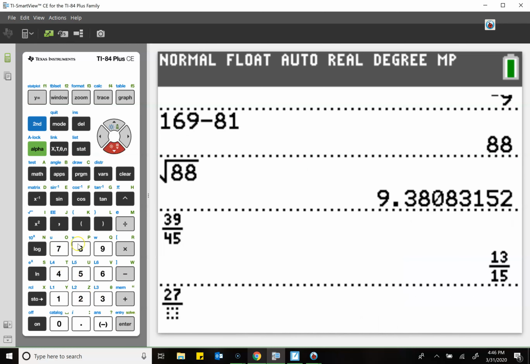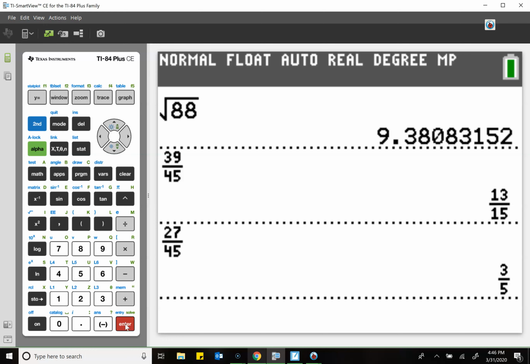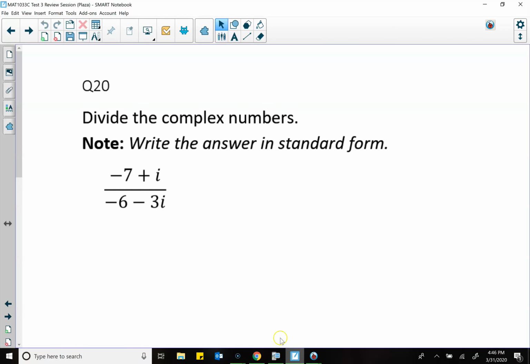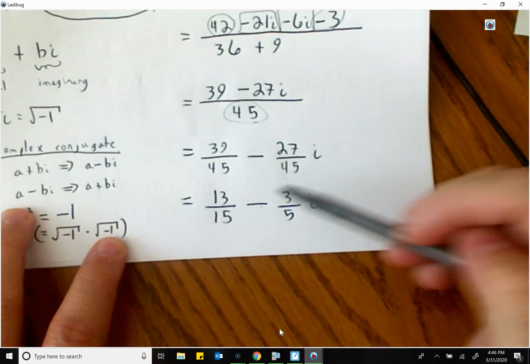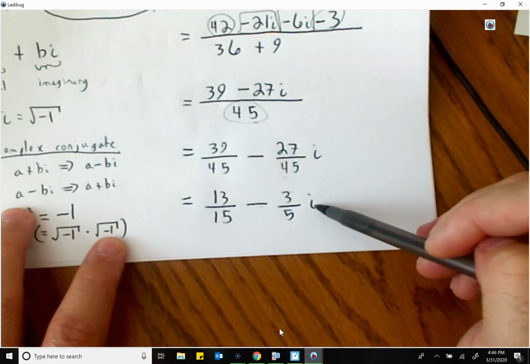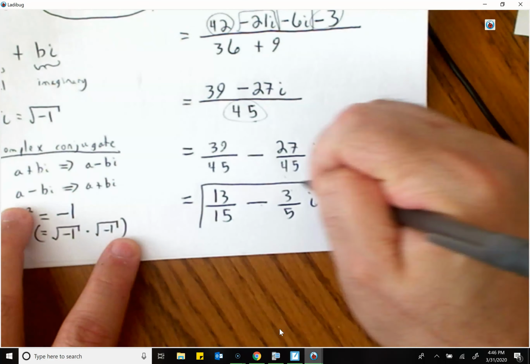So that second fraction is 3/5 i. So here's what the final answer in standard form for this looks like. 13/15, that's the real part, minus 3/5 i, that's the imaginary part.